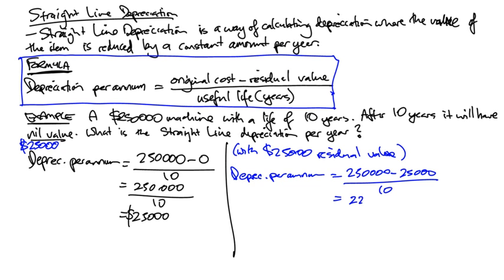It's going to be 225,000 divided by 10, and that is going to be 22,500. So it's going to depreciate slightly less per annum because it's going to be worth something at the end of its 10 years. Okay, so that is calculating straight line depreciation.